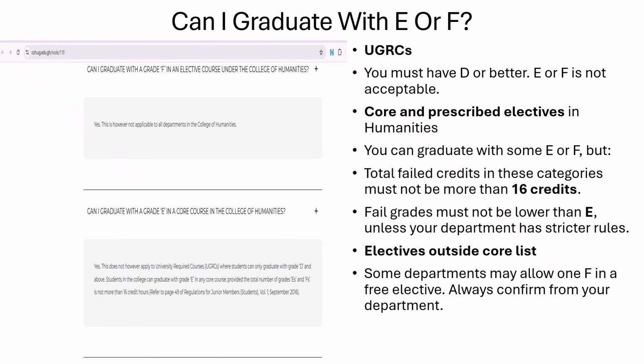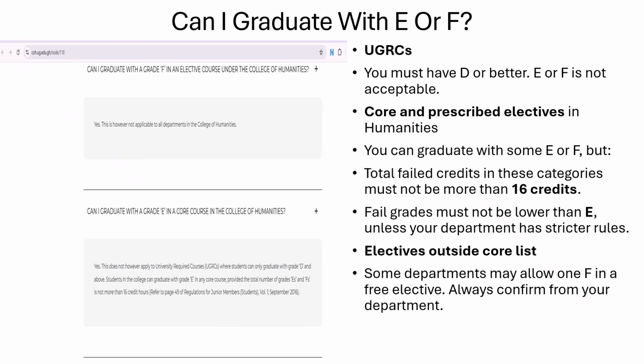So I'll advise you and admonish you that because departments vary in terms of some of the courses that are there, it's always advisable to seek the counsel of the examination officer, because with some courses with an F you can still graduate, but that verification has to come from the examination officer, right?